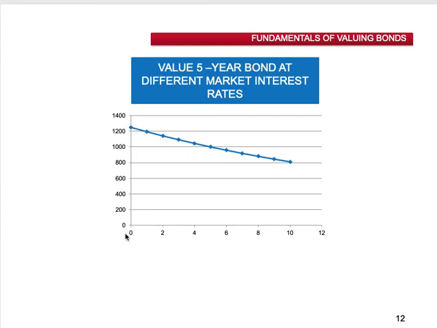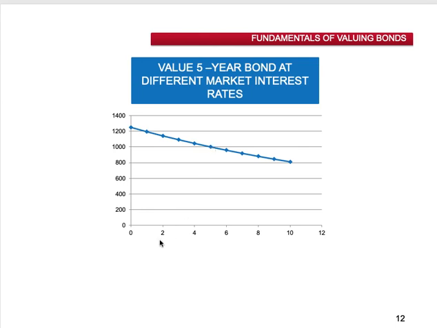So at the 0% yield, the bond is trading at 1,250. If the yield is going to be 4%, the bond is trading at 1,044 and 52 cents. And if the bond is at a yield of 5%, it is trading at a price of 1,000.